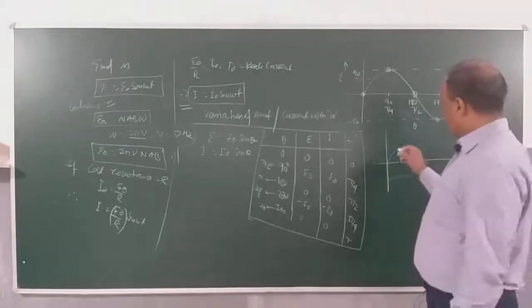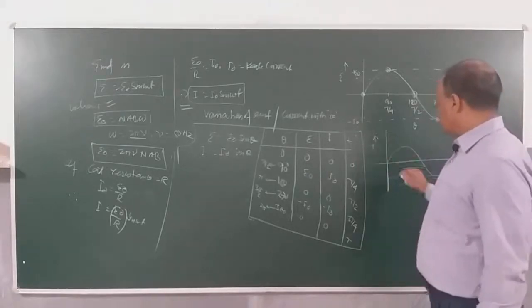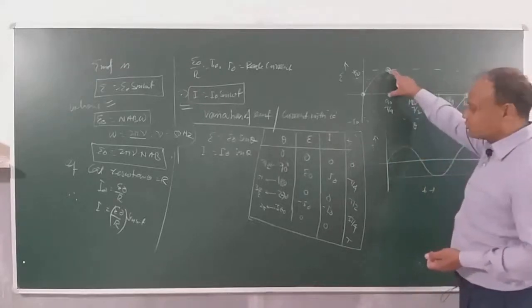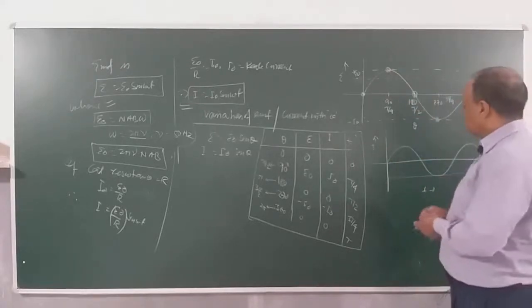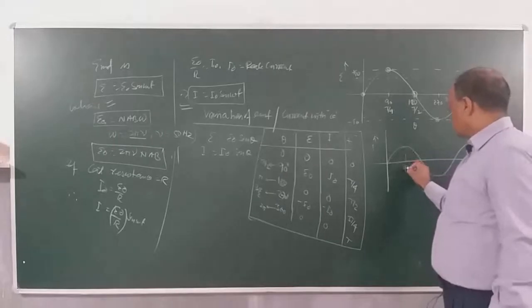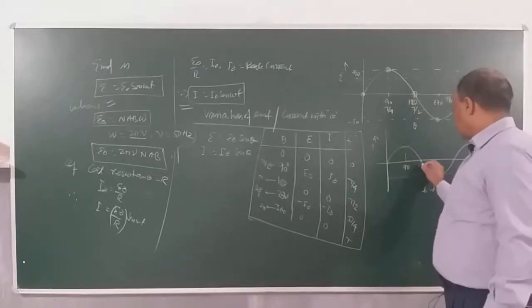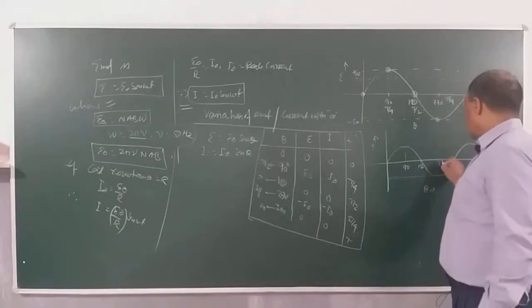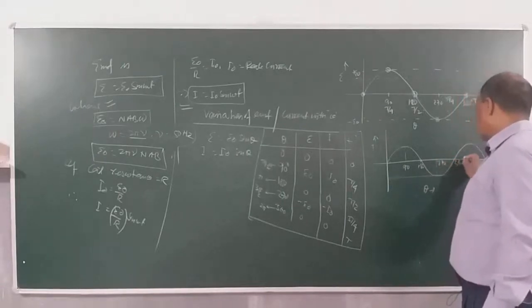This is current I and this is time t. You remember the amplitude of this is smaller than the amplitude of this. Clear? This is 90 degree, this is 180 degree, this is against theta, 270 degree and this is 360 degree.